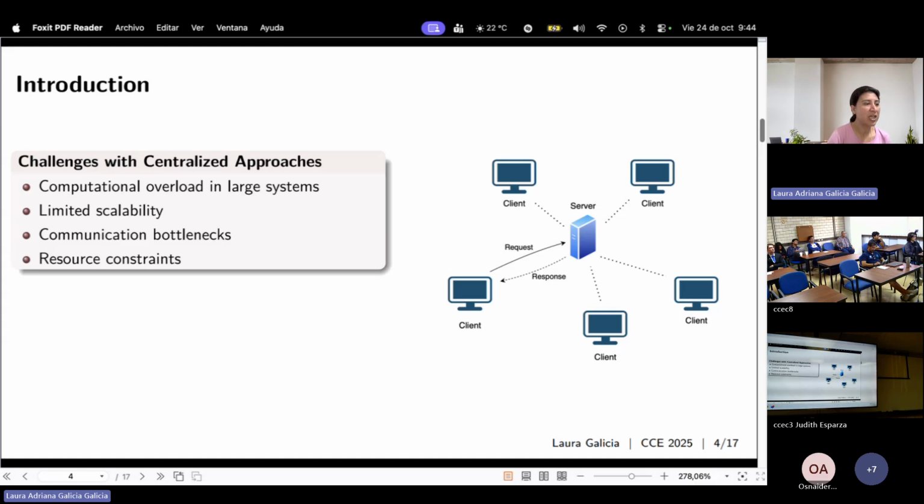Scalability limitations are also serious, since adding a single new satellite to a central system could require a complete redesign of the architecture.